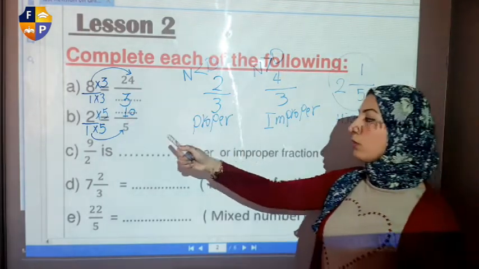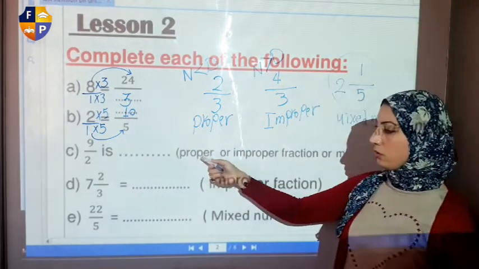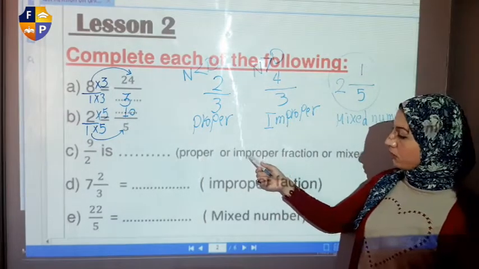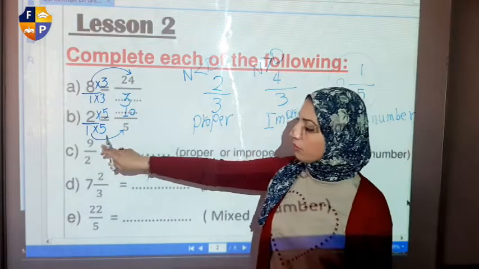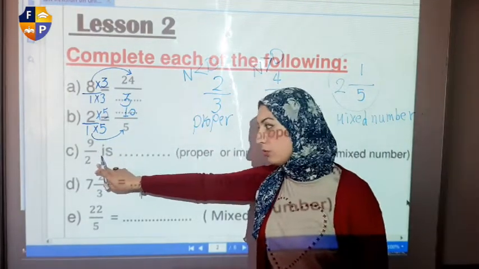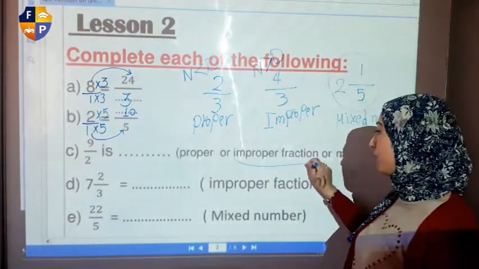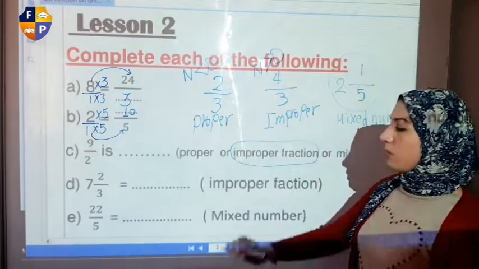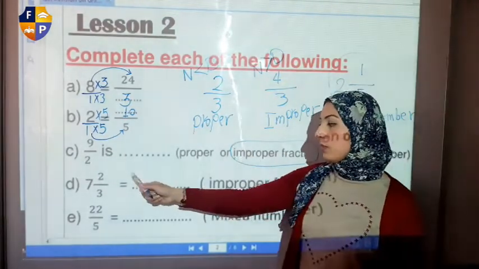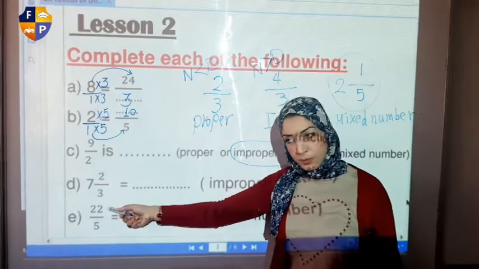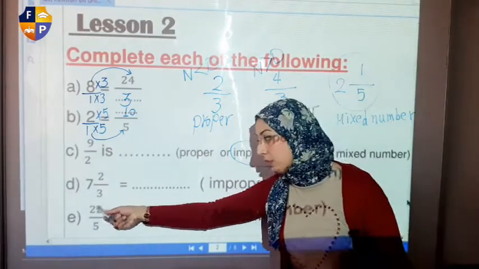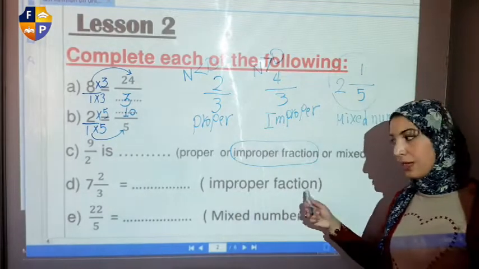So here, is 9 over 2 a proper fraction or improper fraction or mixed? For sure 9 over 2, its numerator is greater than its denominator, so 9 over 2 is an improper fraction. Next one, 7 and 2 over 3. As we said before, 7 and 2 over 3 is a mixed number, and we want to change the mixed number into an improper fraction.